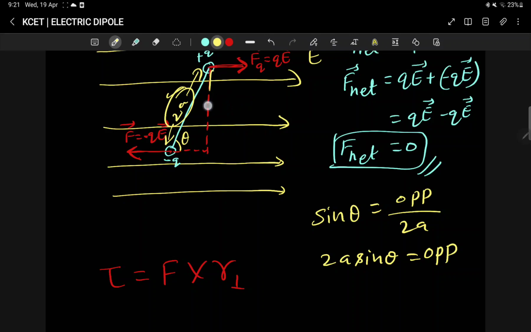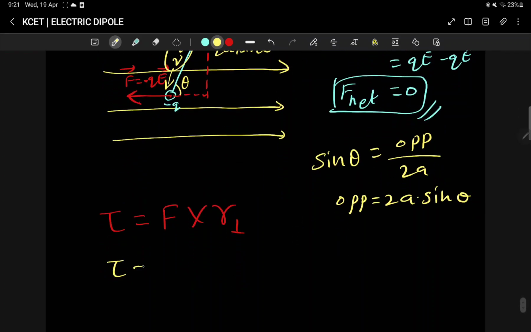This opposite length is 2a sin theta, which is nothing but the perpendicular distance. Easily we got this. Now torque is equal to magnitude of force qE into 2a sin theta.